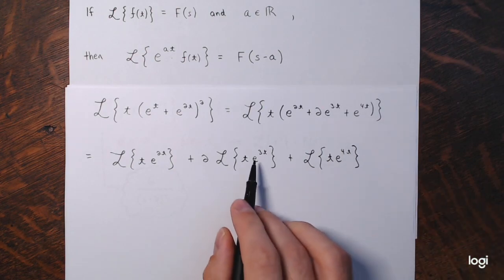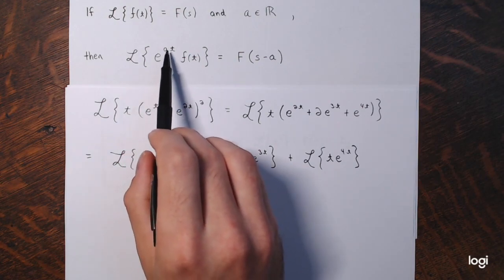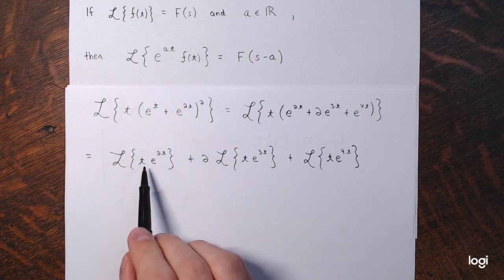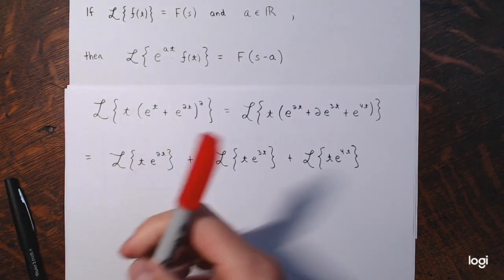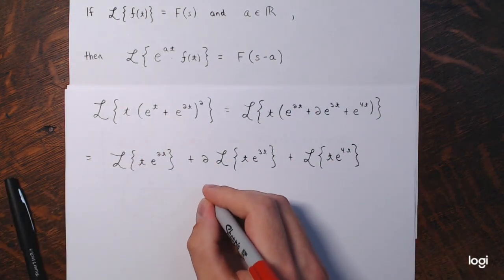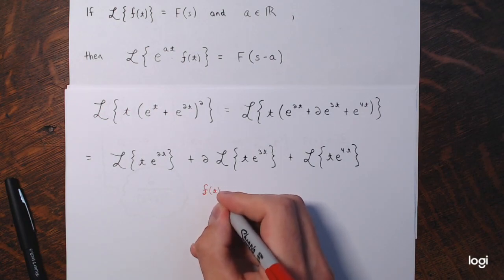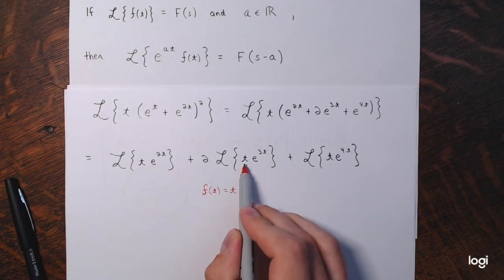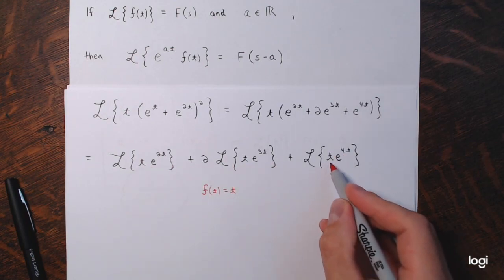Okay, now I have what I want, where I have a single power of e multiplied by some function of t. And in each one of these, that function of t is simply t, right? t times exponential, t times exponential, t times exponential.